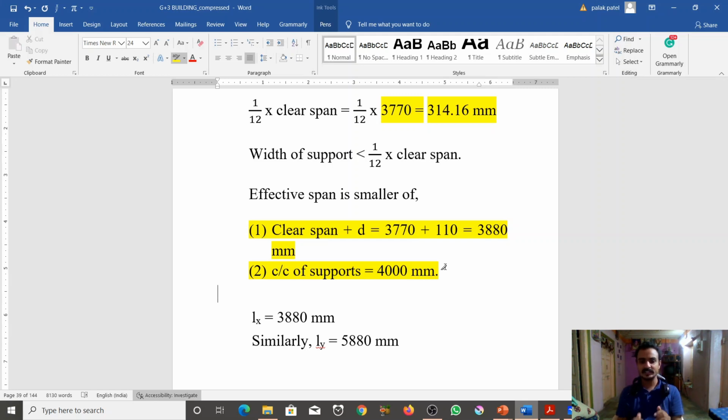Whichever is less, we take as the effective span. So for Lx, 3880 mm is the effective span for the shorter span. The same formula will be used for Ly, the longer span. Ly is equal to 5880 mm.